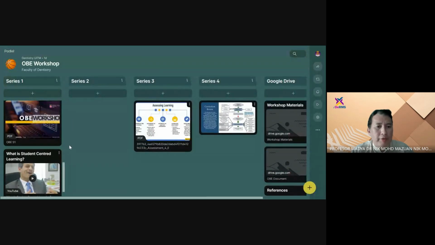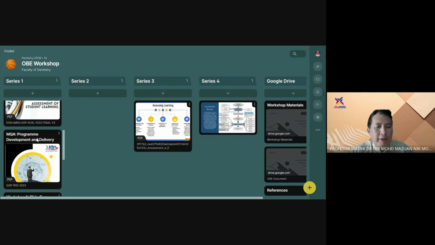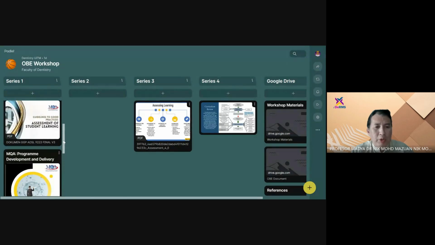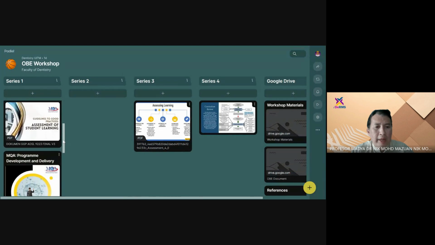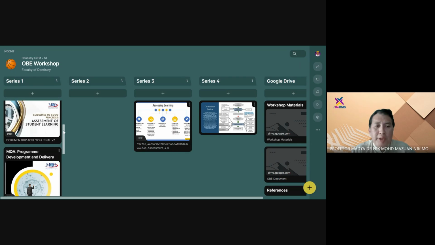If you open the Padlet, under program development and delivery, they explain a little bit on the learning outcomes, what to do. They also have a guideline to good practice for assessment. You were probably wondering how to do OSPI, how to do OSCE, how to formulate exam questions. It's actually available in the MQA books.